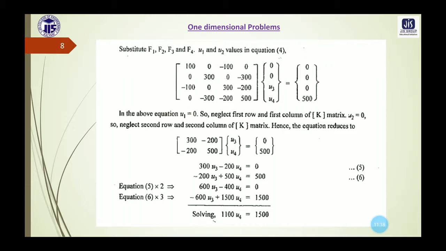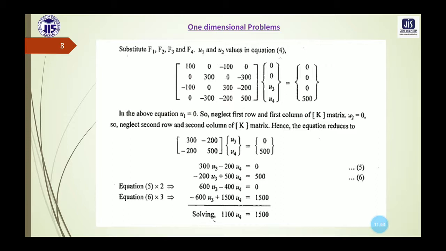Now in the above matrix equation, u1 is 0, so we can neglect the first row and first column of the stiffness matrix K. Next, u2, the nodal displacement at node 2, is 0, so we can again neglect the second row and second column of the K matrix.